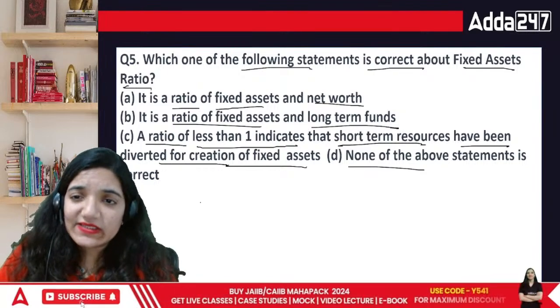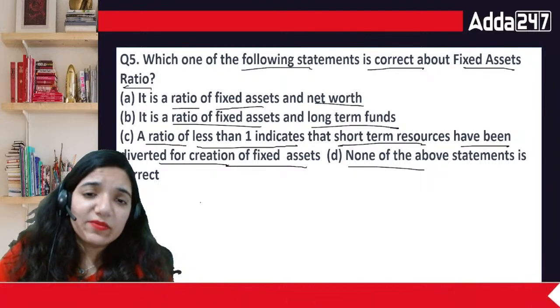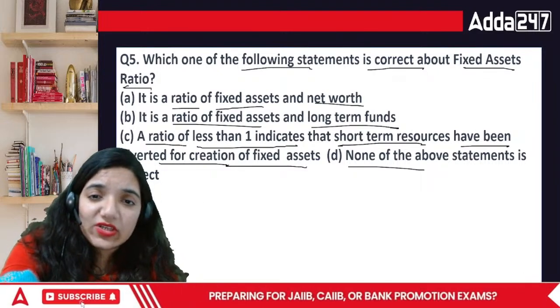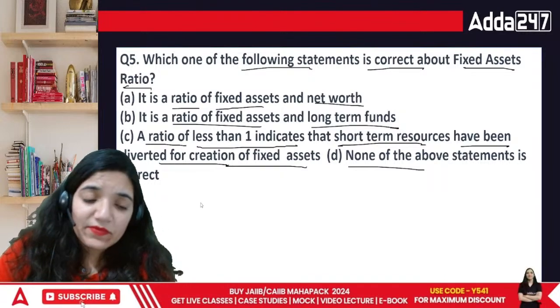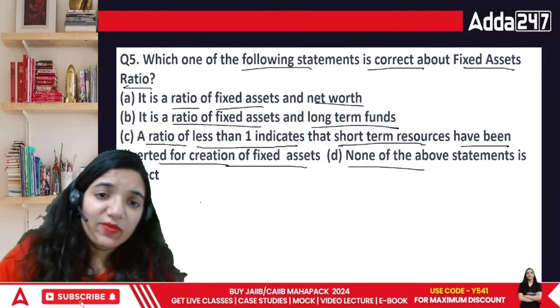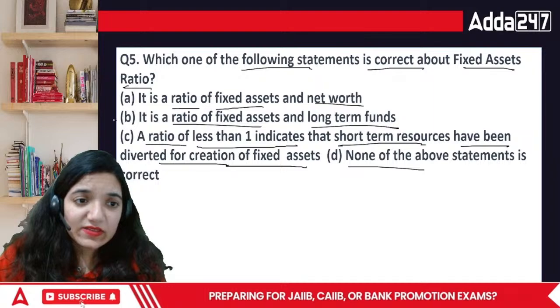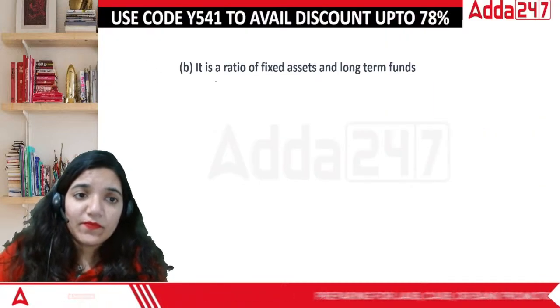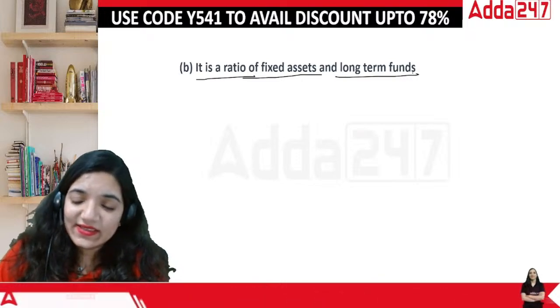Fixed asset ratio talks about the organization funds which are involved exclusively in the assets. So this is basically the assets that you have built with your long-term funds. The answer is B, everyone. It is the ratio of fixed assets and long-term funds.